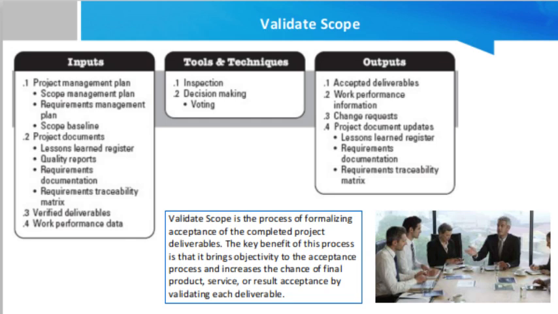This includes the lessons learned register. The lessons learned register is updated on a timely basis with information on challenges the project team encountered and how they could have been avoided, as well as approaches that worked well for validating deliverables. Requirement documentation. Requirement documentation will be updated with the actual results of the validation activity.